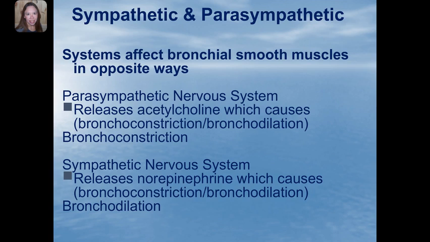This is releasing norepinephrine, and that is going to cause bronchodilation. Now, when we think of the pathophysiology of asthma, asthma is leading to bronchial constriction. Therefore, we want to give a medication that's going to lead to bronchodilation. So again, we can use a sympathomimetic or a bronchodilator.